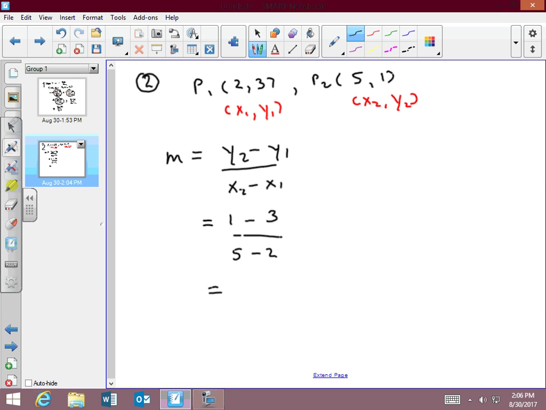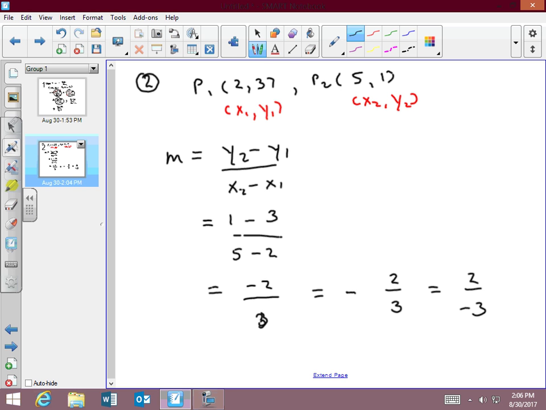So now 1 minus 3 in the numerator is a minus 2, 5 minus 2 in the denominator is 3, and what you can do with that is you can write that as a negative out front like this, if you would like, or you can write it as 2 over minus 3. Makes no difference. Those are all the same.